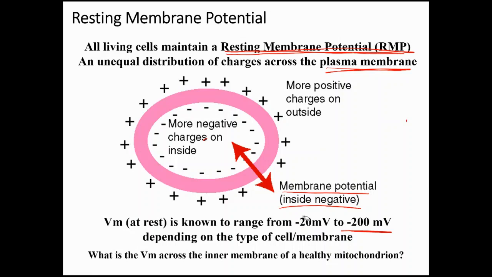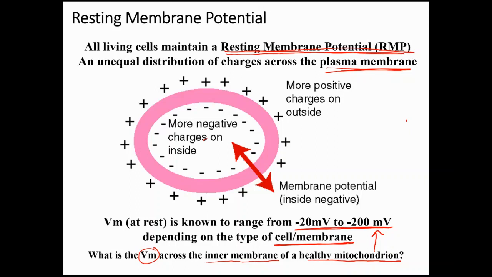So of course, the resting membrane potential of a cell can range between these two values, depending upon the type of cell and the type of membrane. Are we talking about the plasma membrane, or what are we talking about? What is the resting membrane potential across the inner membrane of a healthy mitochondrion? A healthy mitochondrion that's doing oxidative phosphorylation has one of the highest resting membrane potentials.